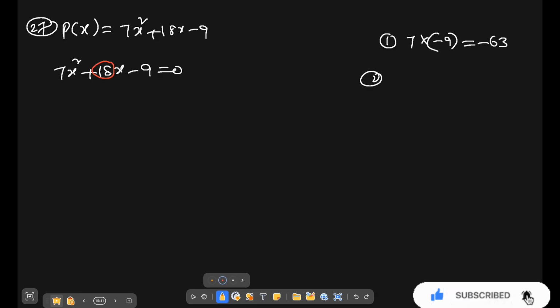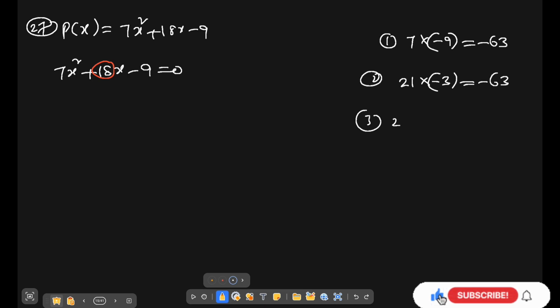So what are the suitable factors? 21 into minus 3. 21 into minus 3 is minus 63, and 21 plus minus 3 is equal to plus 18. So plus 21 and minus 3 are suitable factors.